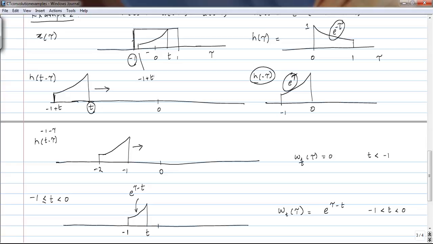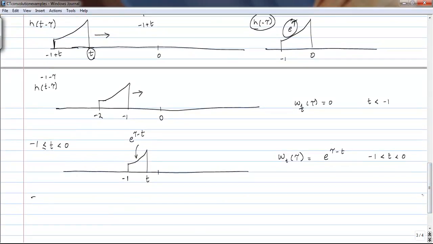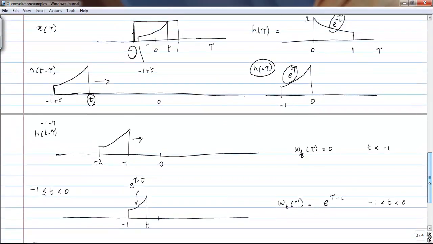If this happens, then you can write a nice expression. This happens when t is smaller than 1 but bigger than 0, right? Because if t is greater than 1, then this part of it starts to get cut off.